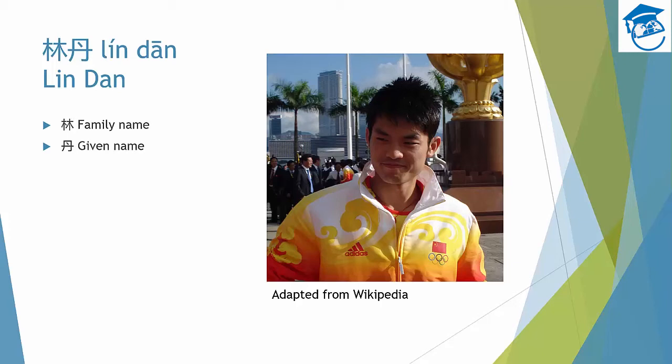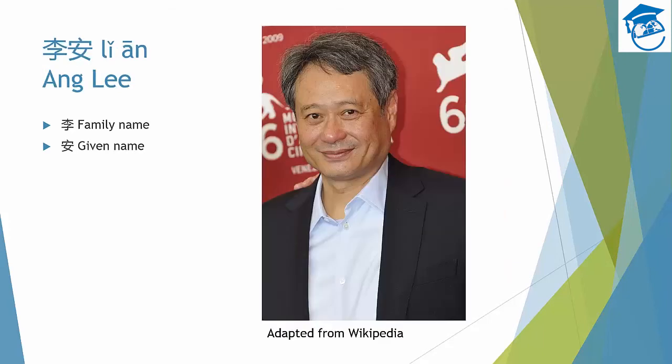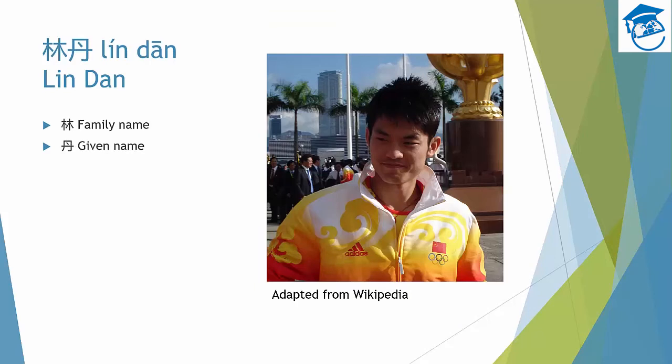So you have to understand how to address him as Mr. For example, you should address him as Mr. Lin, and for the previous example, you should address him as Mr. Li, not Mr. Ang.